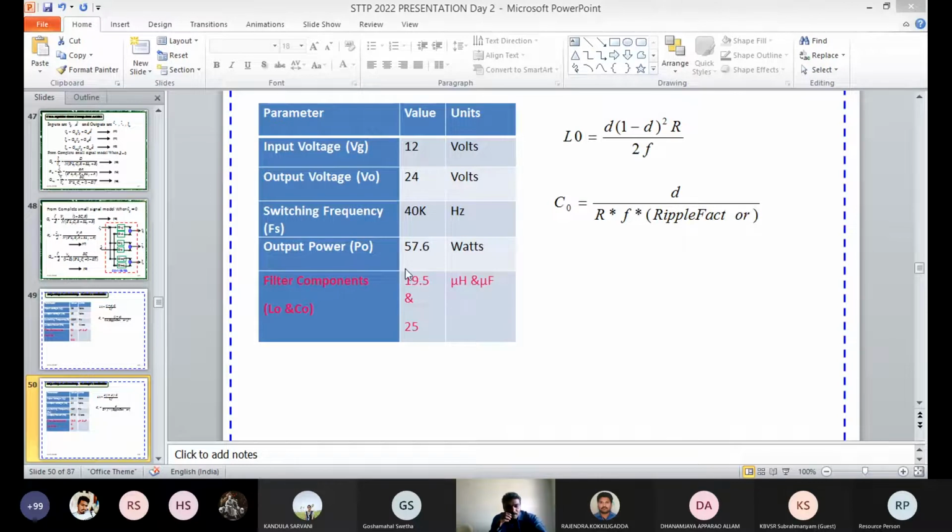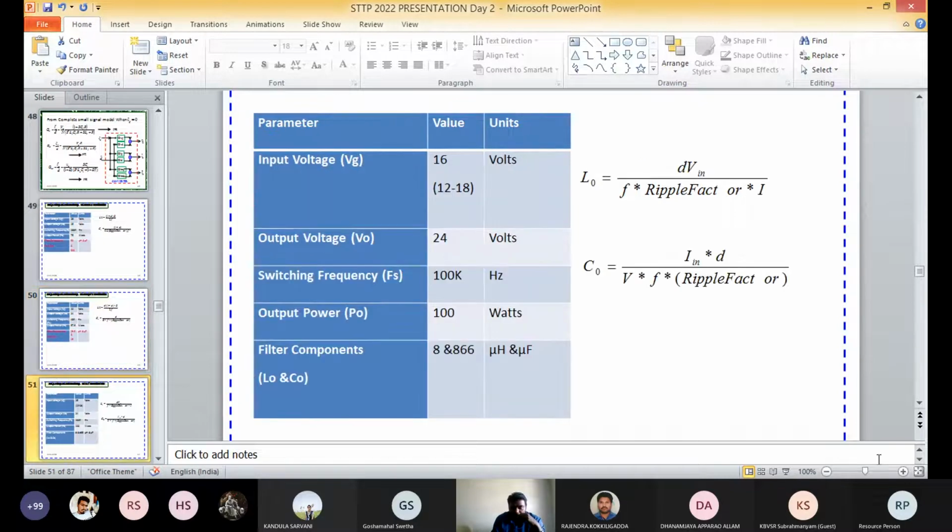So by considering the input and output parameters, we can derive the filter components. These are the calculated values for the converter. Here also I am taking the input voltage range 12 to 18 volts, output 24 volts, switching frequency 100 kHz, and output power 100 watts. With the help of these formulas for L0 and C0, I calculated the filter components.